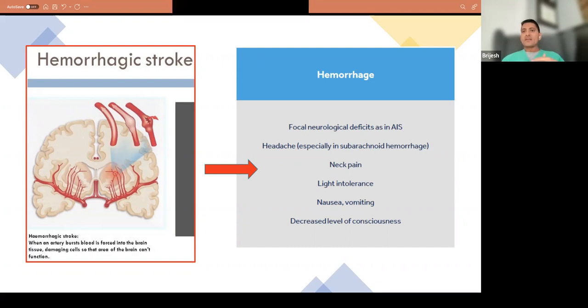They may also have accompanying nausea and vomiting. Those are classic for a hemorrhagic stroke, in addition to weakness on one side of the body or another, or gaze preference and things like that.